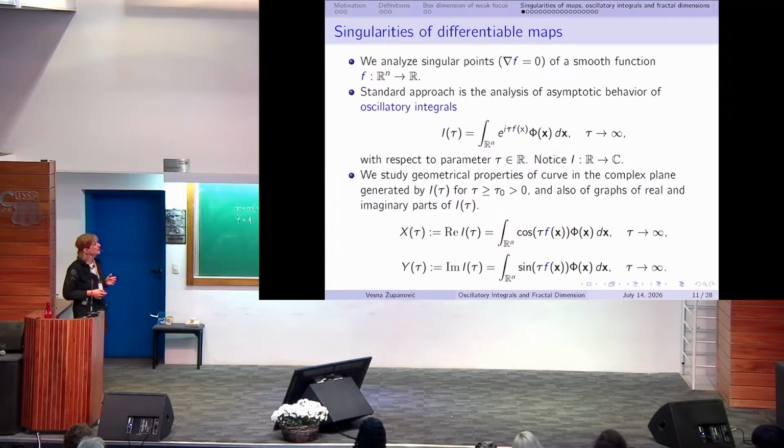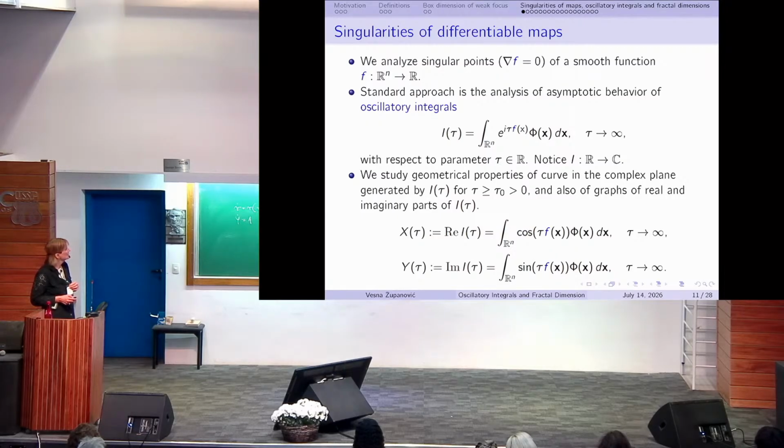Okay, so what about singularities of maps and this fractal point of view, something like clothoid, but more complicated. This is an oscillatory integral. You can see that parameter tau is here. This function is called the phase function.